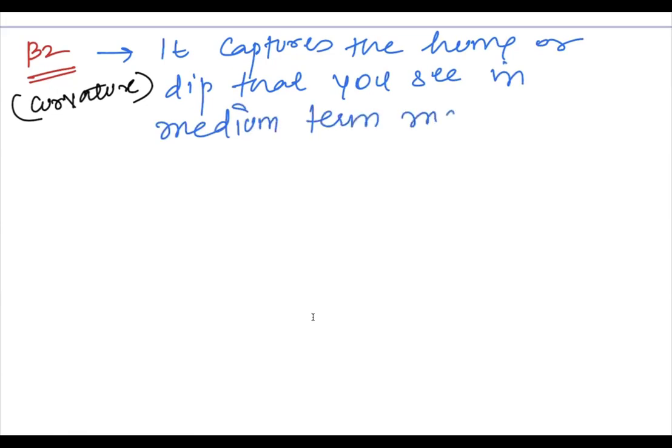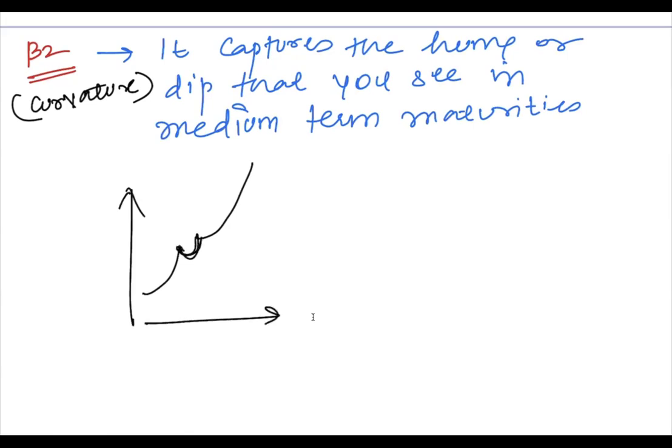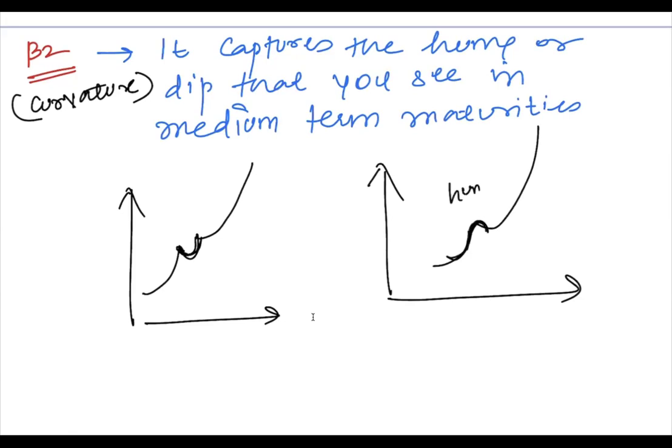What do I mean by this? Let me give you an example. Let's say your yield curve is something like this. This hump or this dip, how will you model or capture this? This part is captured by beta 2.